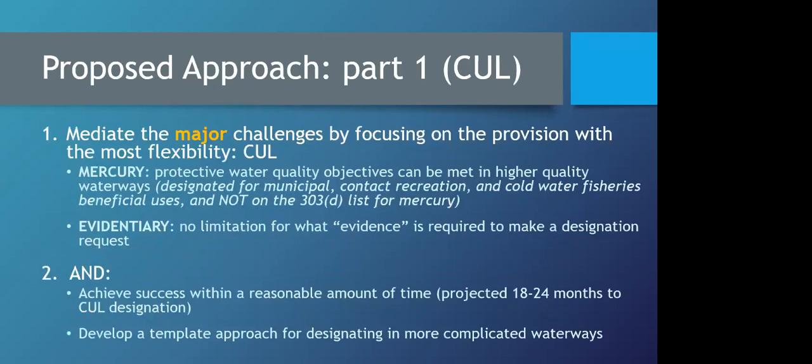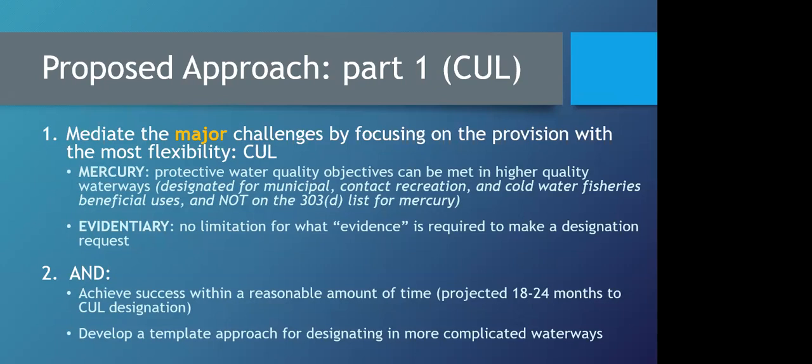So there's 2 parts. The first part that we're taking on is the coal designation, which is mediating the major challenges, which is mercury and potentially the evidentiary process by focusing on the provision that we think has the most flexibility, which is the coal provision. So the mercury, the protective water quality objectives can be met in higher quality waterways for coal.